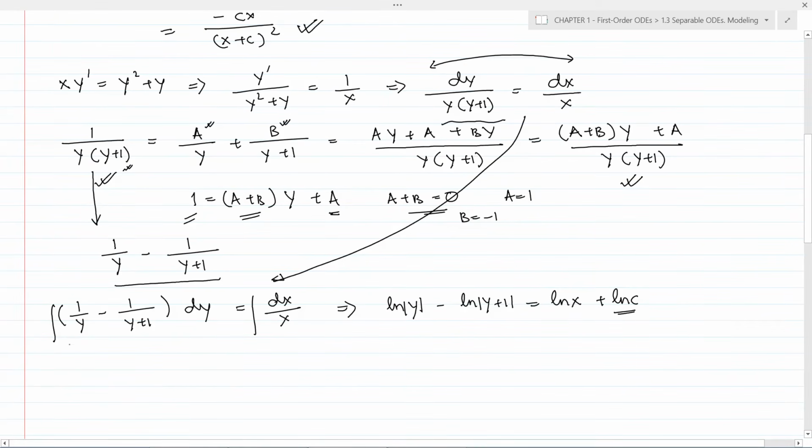So we can simplify this, the left hand side and the right hand side, and we get ln y divided by y plus 1, because there is a negative sign, so the inside terms get divided, equals ln x multiplied by c.